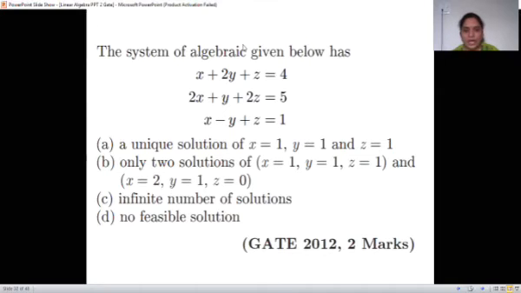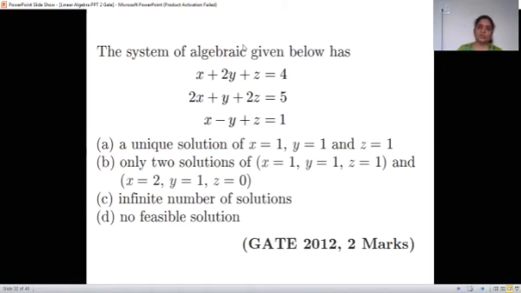If rank of AB is the same as rank of A, then only there will be solutions. Then your further job will be to check if that rank is equal to the number of variables or less than the number of variables.